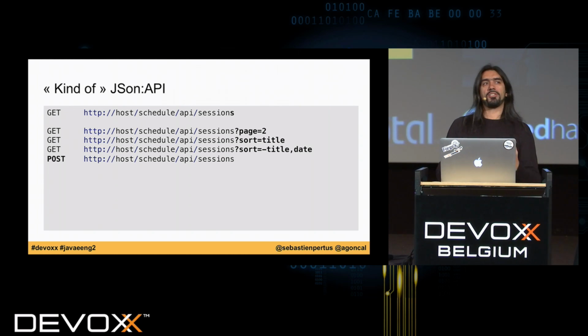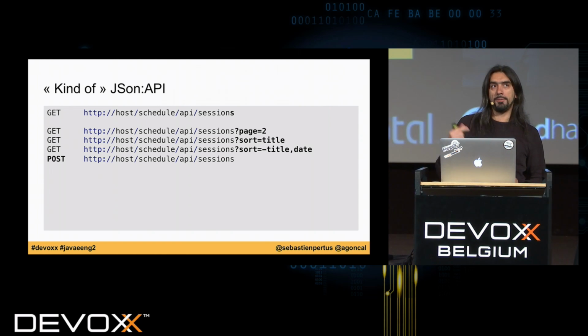And then when you have this list, you have to sort it. So JSON API comes with this idea of having a sort, and then you have title, comma, date. So you know the list is sorted by title and date. And if you put a minus, it goes in reverse order.